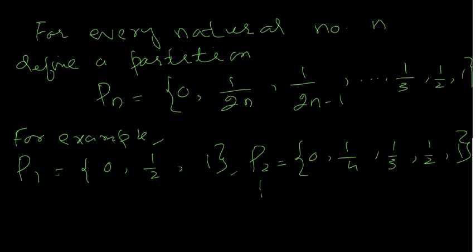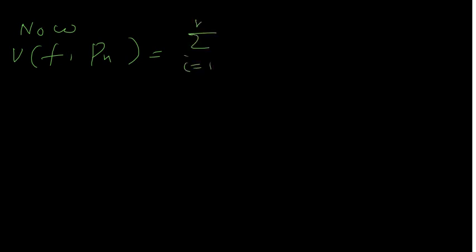Now let's find the variation. What's the variation of f with respect to this partition Pn? By definition, it's equal to the summation, i runs from 1 to n, of mod of f of xi minus f of xi minus 1.